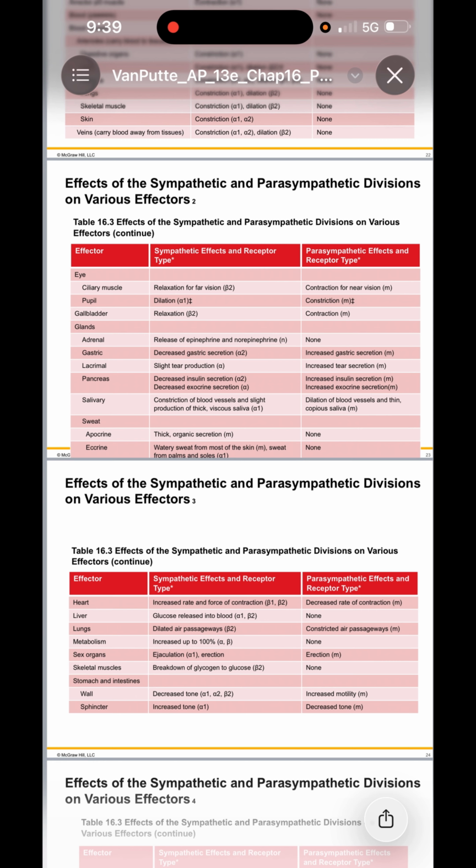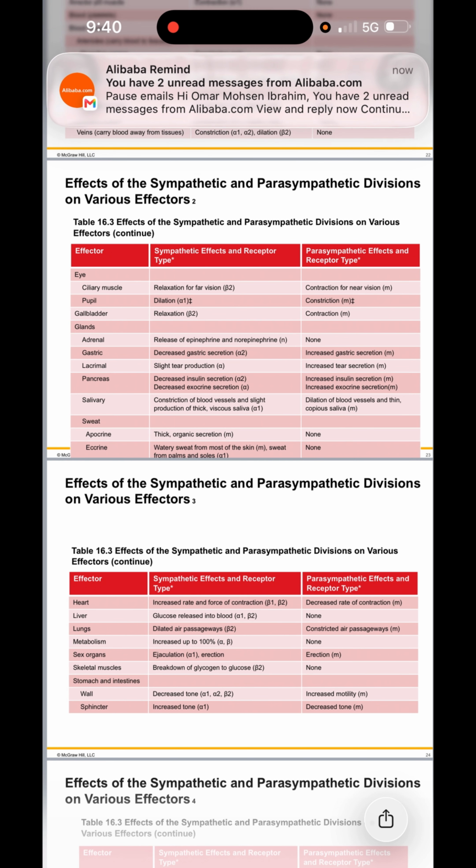Adrenal: sympathetic, release of epinephrine and norepinephrine, N; parasympathetic, none. Gastric: sympathetic, decreased gastric secretion, alpha 2; parasympathetic, increased gastric secretion, M.